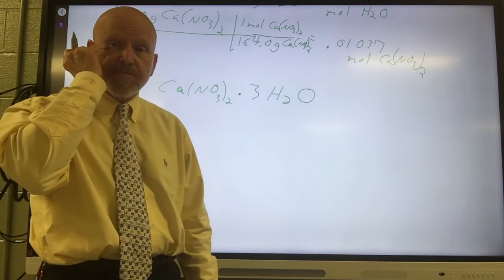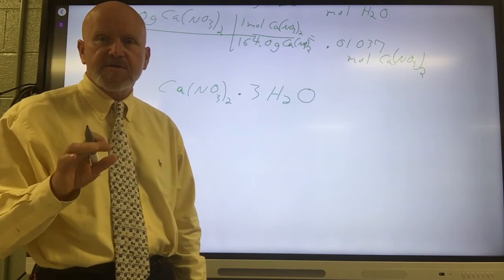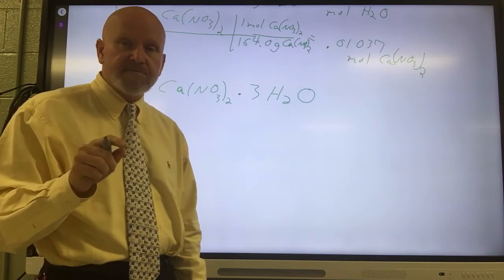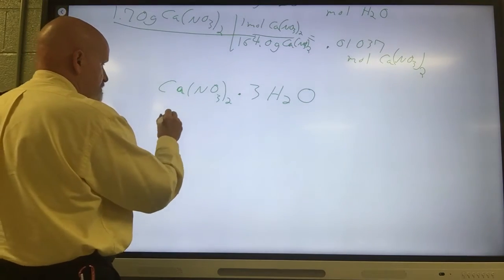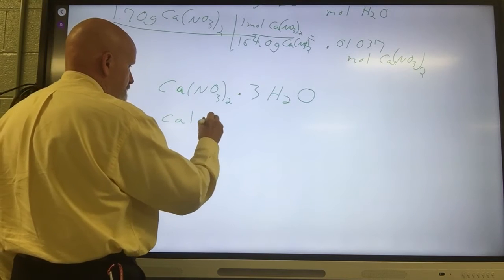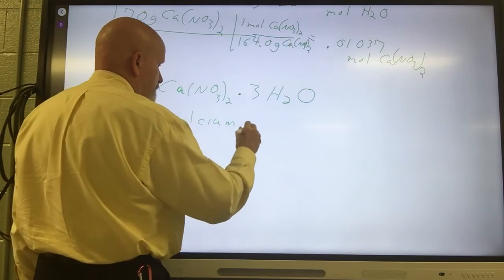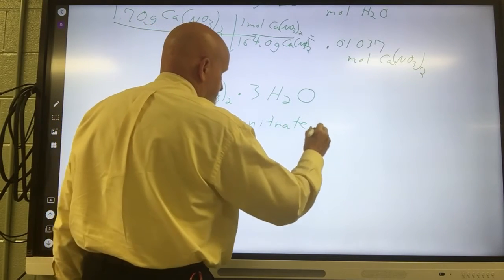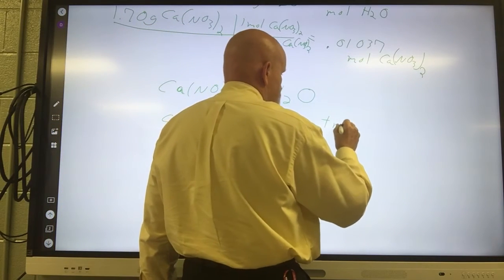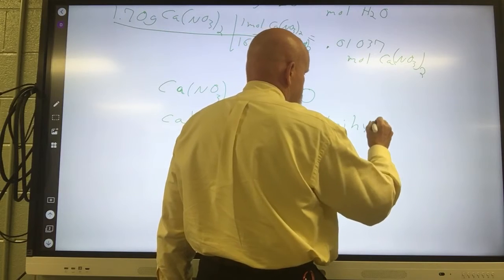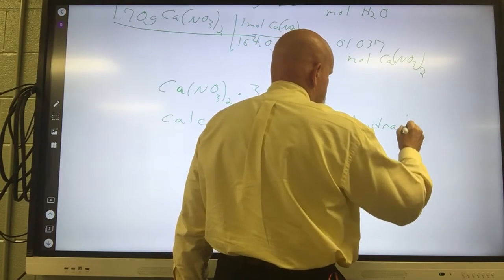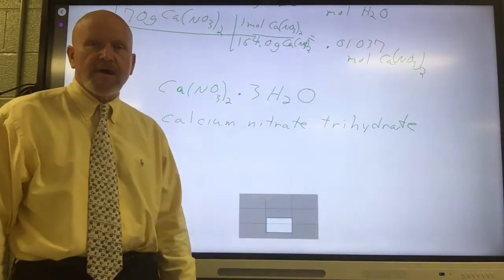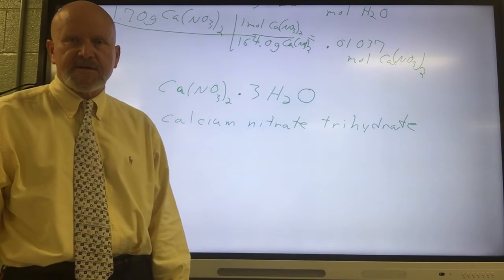And then you can just use the prefixes that we'd normally use that are reserved for covalent bonding. And then we can say this would be calcium nitrate trihydrate, meaning there are 3 waters attached to each one.